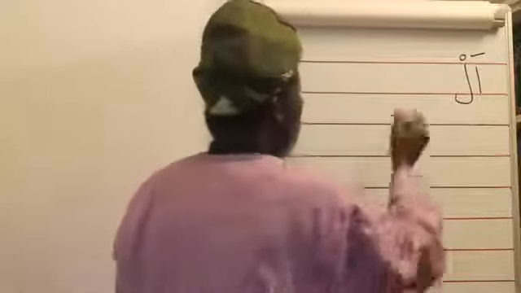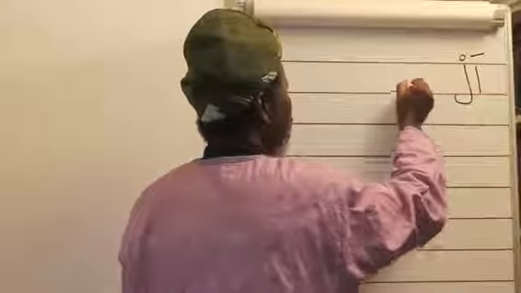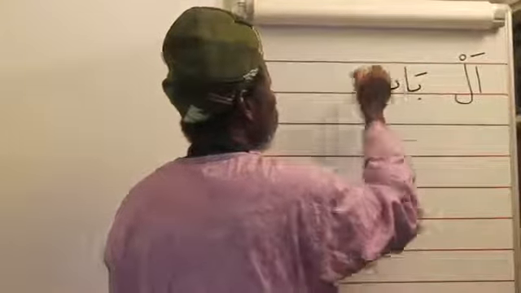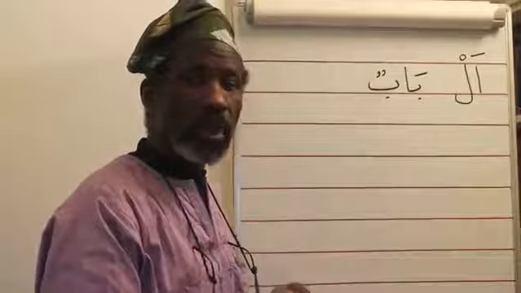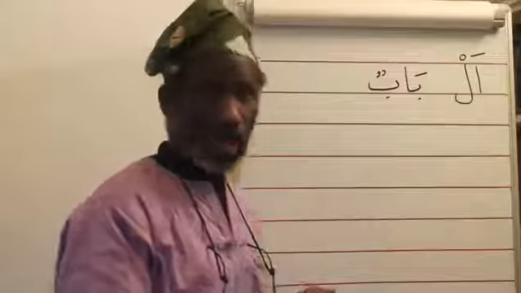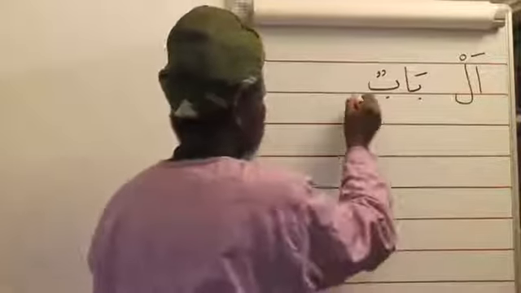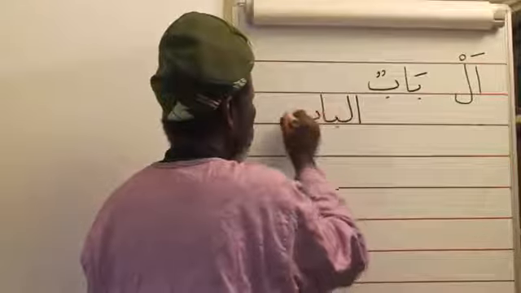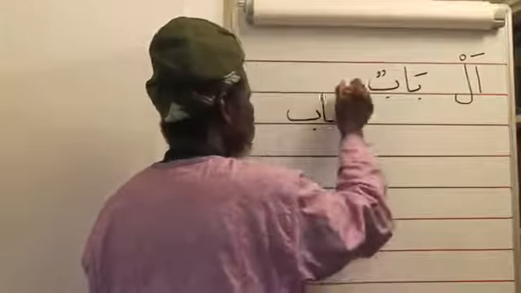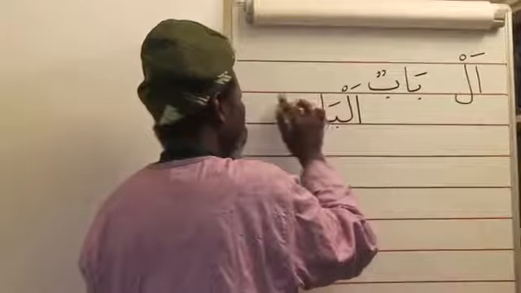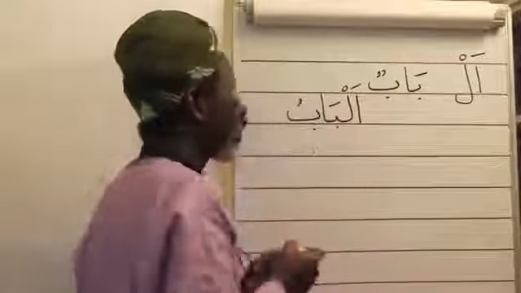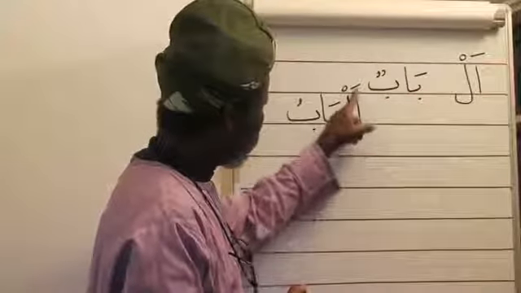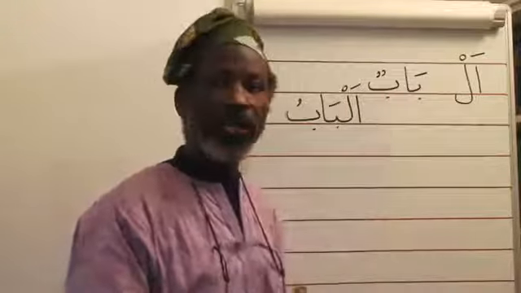For instance, if I say babun, a door, I want to say now the door. I need to put al babu. Now let's look at what is happening here. The L bit is pronounced in its totality.